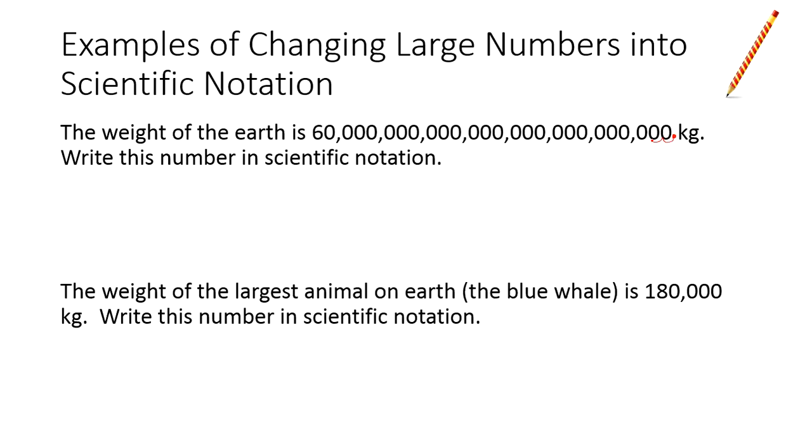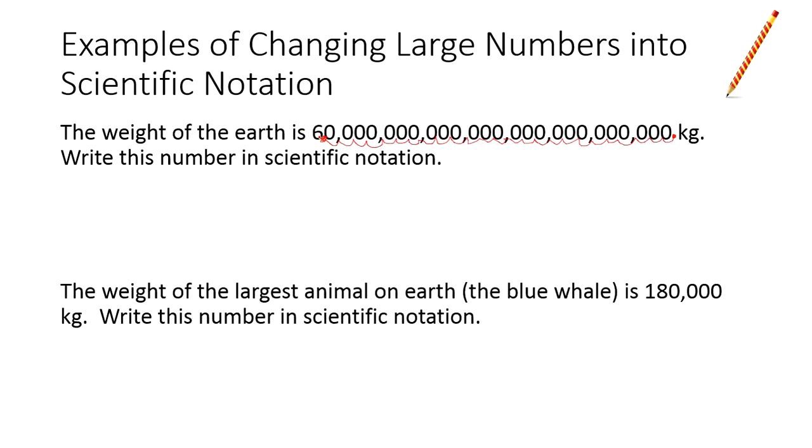So we got 1, 2, 3, 4, 5, 6, 7, 8, 9, 10, 11, 12, 13, 14, 15, 16, 17, 18, 19, 20, 21, 22, 23, 24, and 25. So it would take me 25 jumps to get from the back of the number to the front of the number.